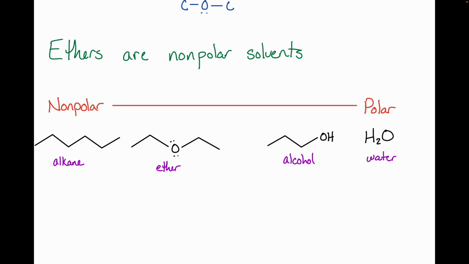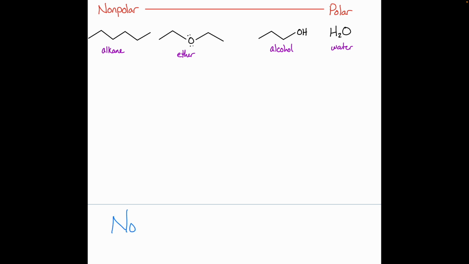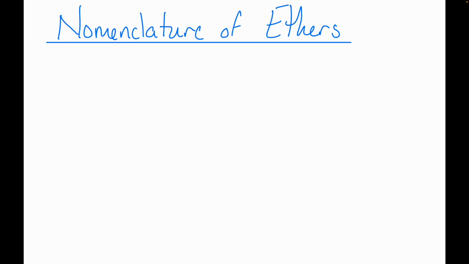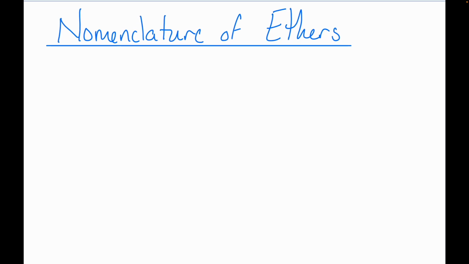Cool, all right, so as with any functional group here, the first thing that we're going to learn how to do is how to name these molecules. All right, so our nomenclature of ethers. One thing that we're going to just kind of note right off the bat here that's going to make these ethers a little bit different than the functional groups that we've introduced before, right?